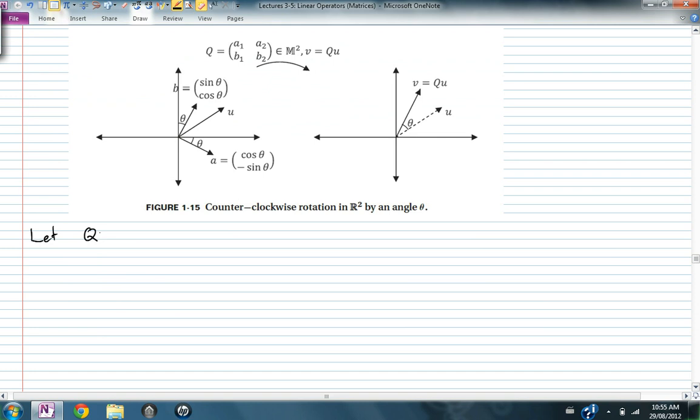If Q is a 3 by 3 matrix, now this definition can be extended to an n by n matrix, but I'm just going to define it for a 3 by 3 matrix. And we're going to look at the 3 vectors that form the matrix.